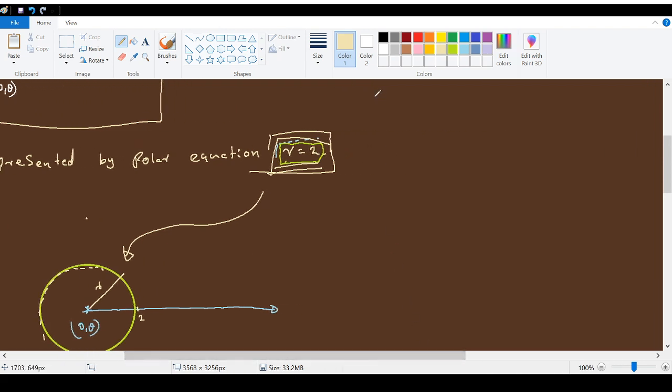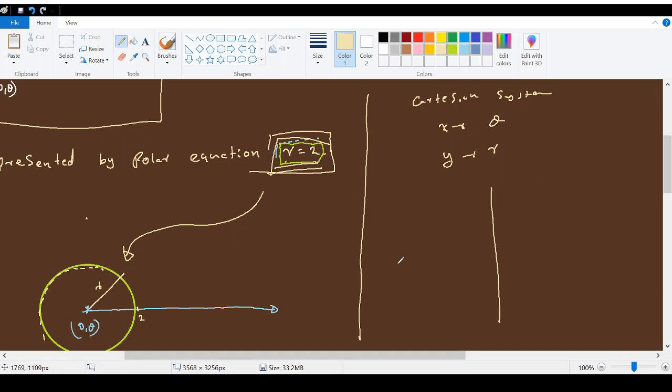And I will tell you one more thing to think about. Suppose we go to a Cartesian system where the x-axis is represented by theta and the y-axis is represented by r, right? Here we have x represented by theta and y represented by r.